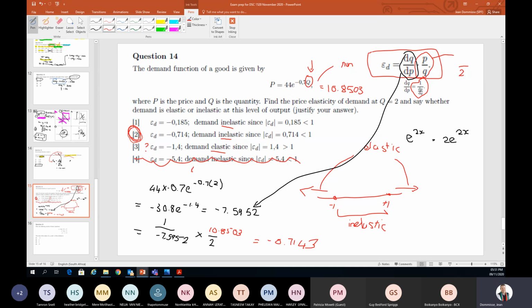So the differentiation is 44 times the minus 0.7 to the power of minus 0.7 Q. I totally forgot how to do that. And I think that was the biggest catch, how I totally forgot that you take the 2 in front as well.